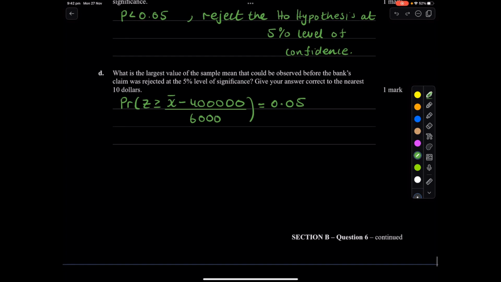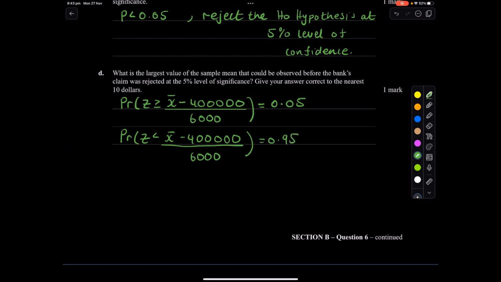I would rewrite this, because I want it to be less or equal to use my calculator. If I just draw a quick sketch, if this is 0.05, we can rewrite this as the probability that z is less than (x bar minus 400,000) over 600,000 is equal to 0.95.